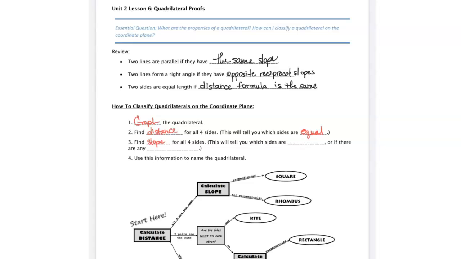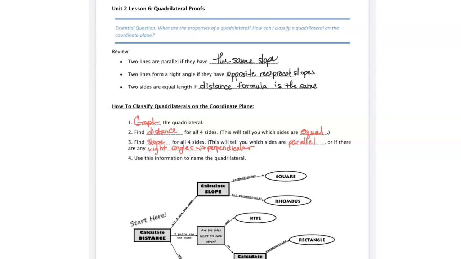This will tell us which sides are parallel or if there are any right angles. And remember, right angles means perpendicular. Perpendicular means that we have right angles.